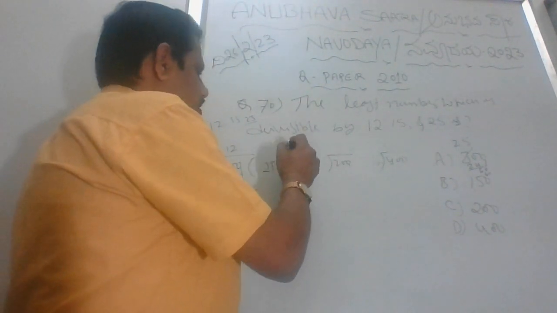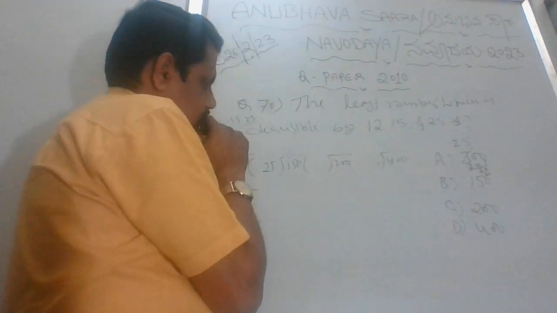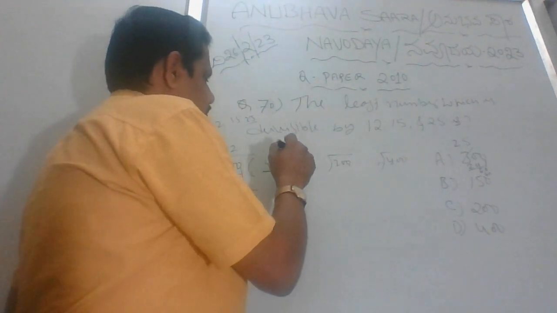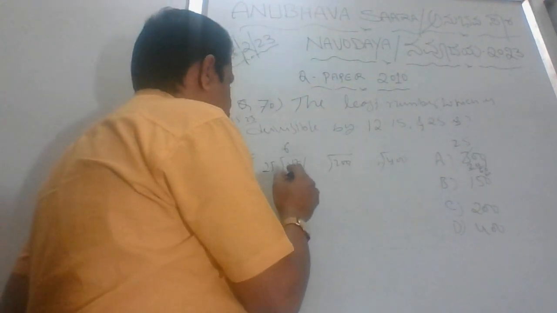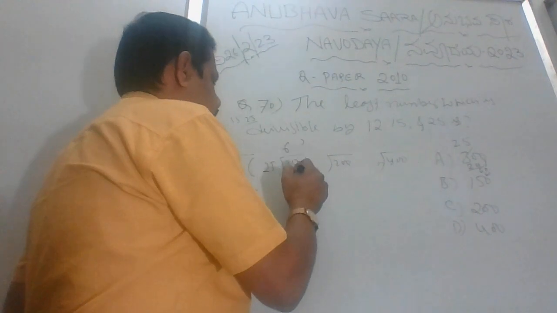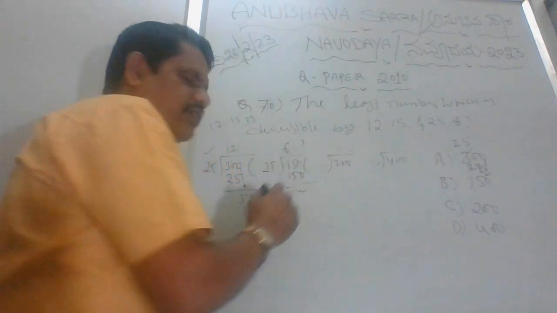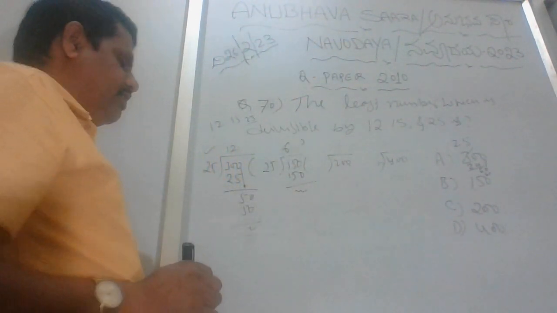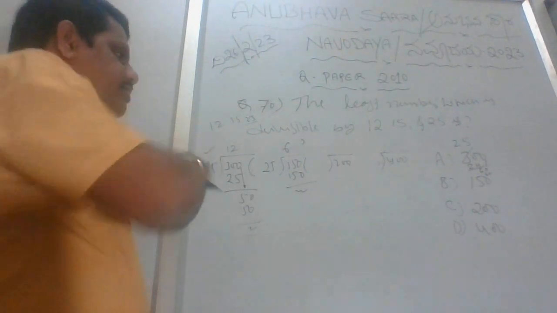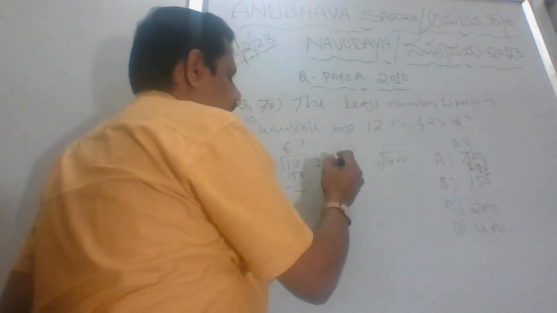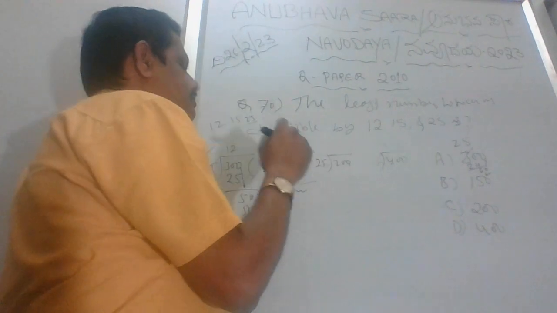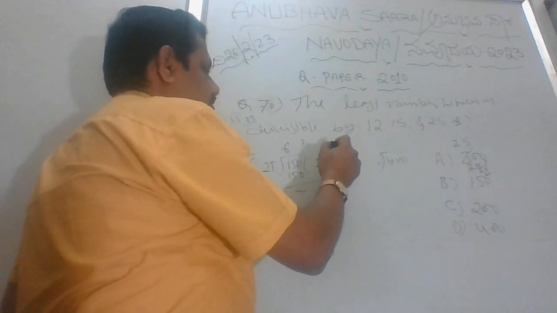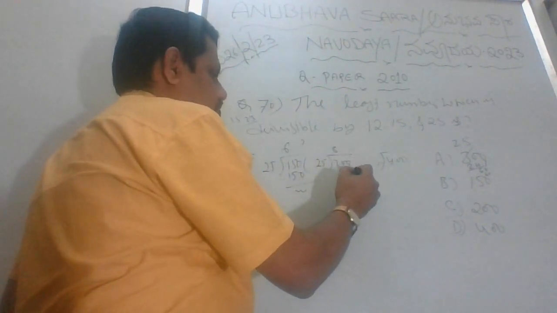Here 25. So it's dividing by 25. Here 25, 8s are 200. So it's dividing.